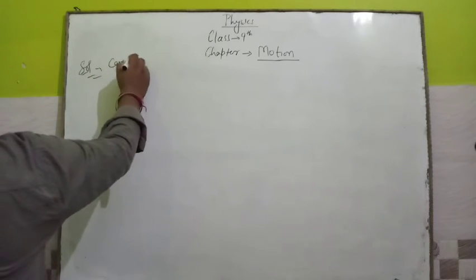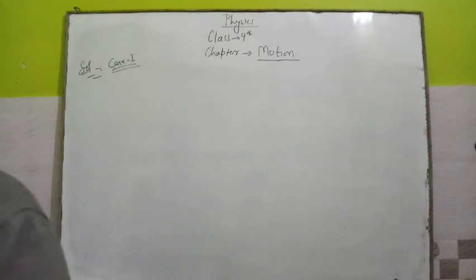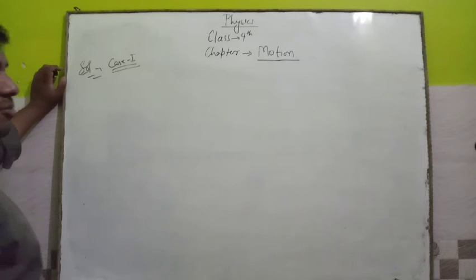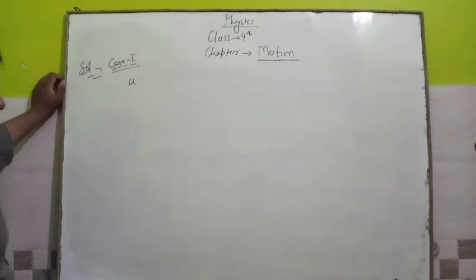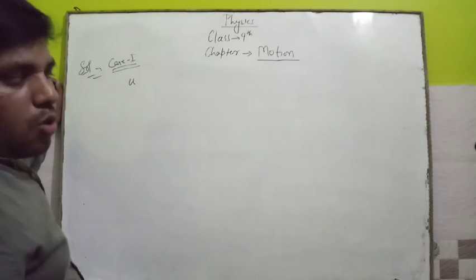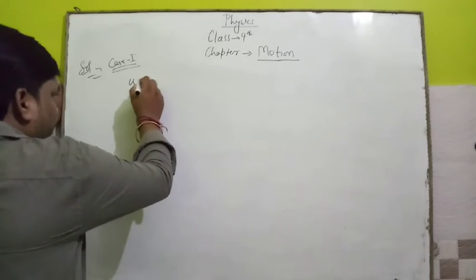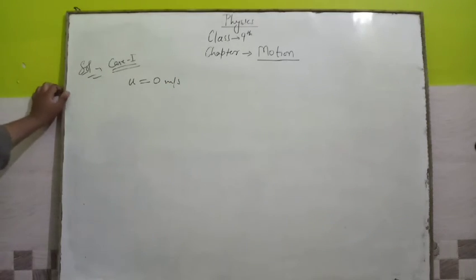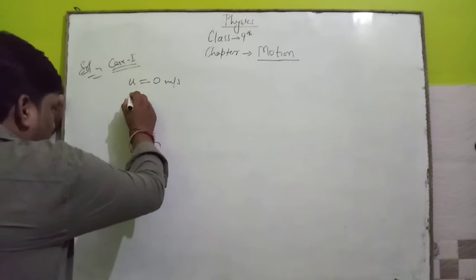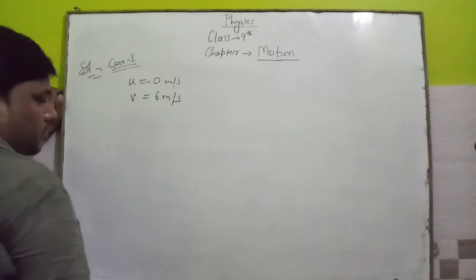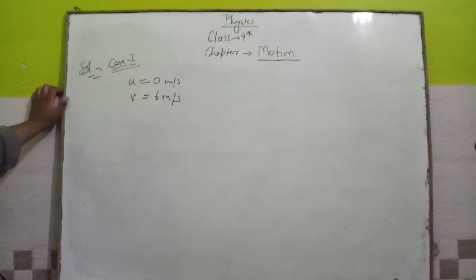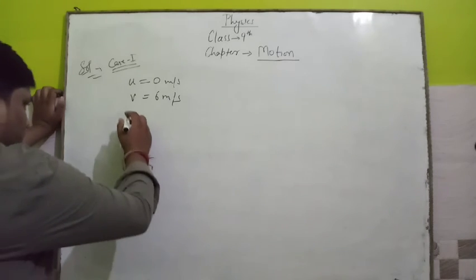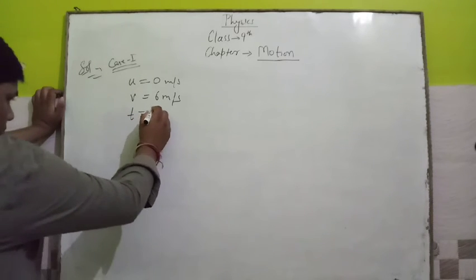Case first. The question says starting from stationary position, which means the initial velocity, because when the object is stationary, meaning at rest, its initial velocity is equal to 0 meter per second. And after Rahul pedals his bicycle to attain velocity 6, the final velocity is 6 meter per second. And this 6 meter per second he attains in 30 seconds.